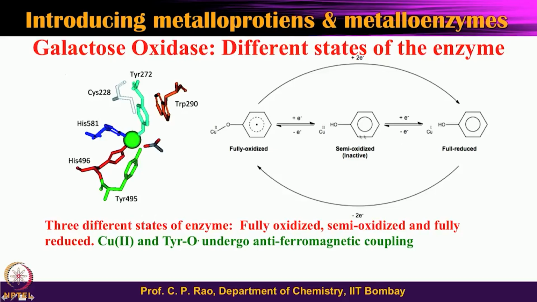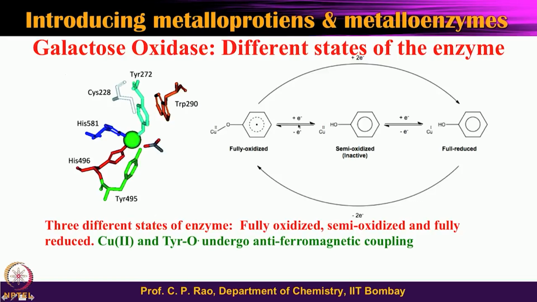So, as I said, the unusual cofactor that you have is this one. One side cysteine, other side tyrosine, okay, and this cofactor is the one which stabilizes a radical when required. So, you can see the fully oxidized enzyme has copper 2 and the radical dot, copper 2 and dot, this is oxidized.